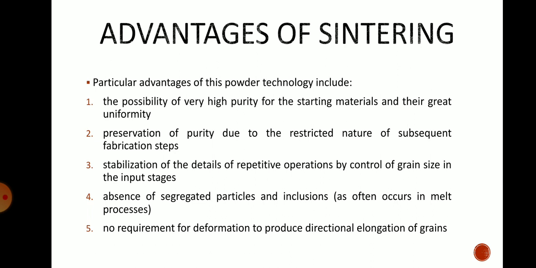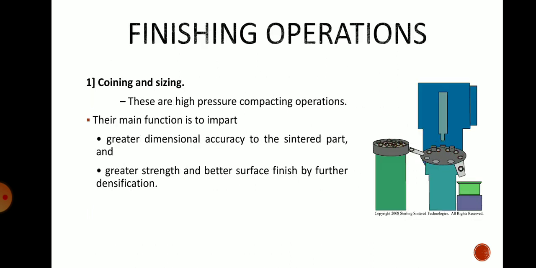Absence of segregated particles and inclusions, as often seen in melting and casting processes. These drawbacks, segregation of particles and inclusions, will be reduced here. No requirement for deformation to produce directional elongation of the grains. So these are some advantages of sintering.